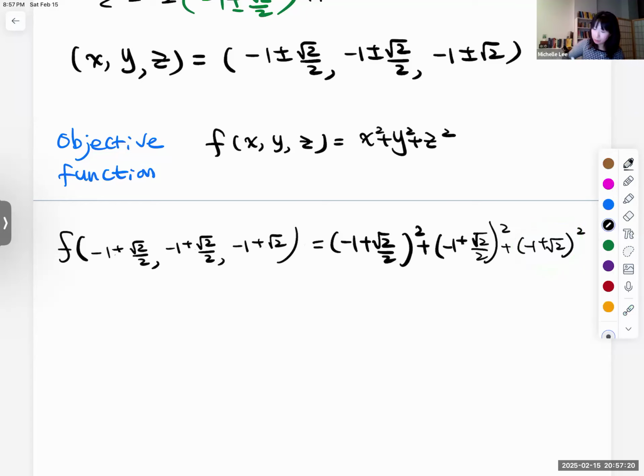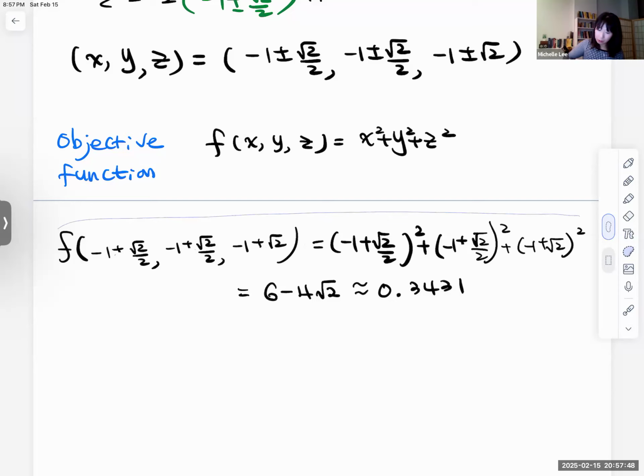Okay, so if we calculate this one, we have 6 minus 4 square root of 2. You can use a decimal because it's hard to calculate, right? So that will be 0.3431.